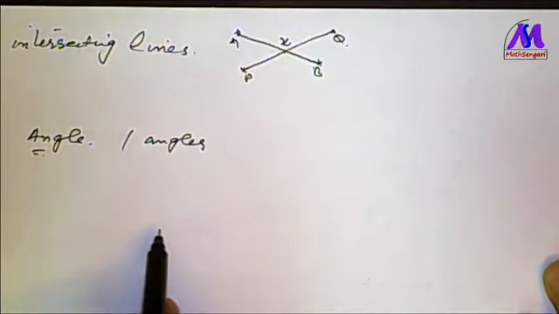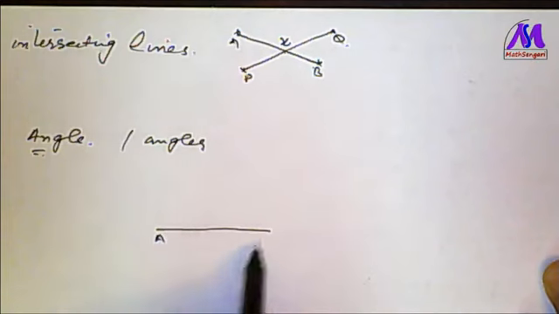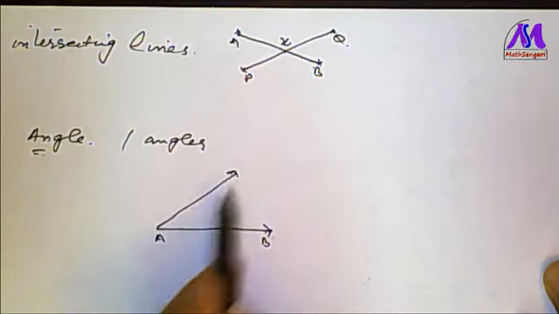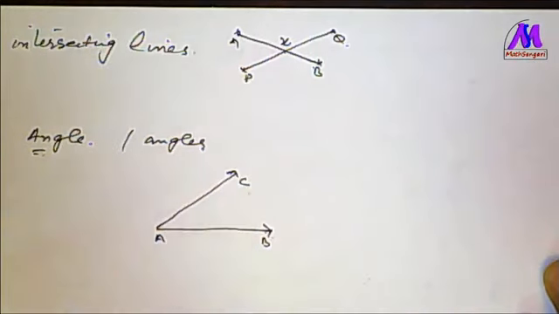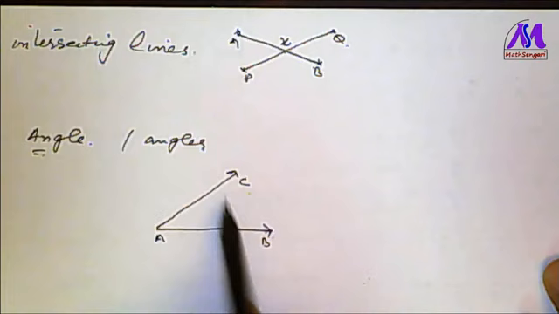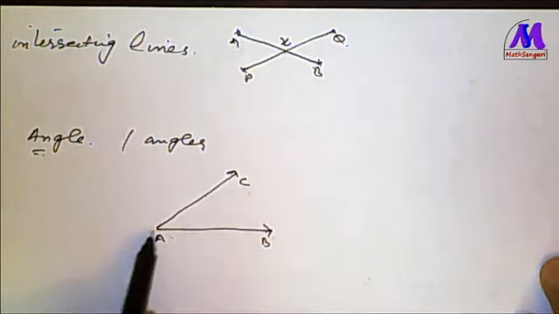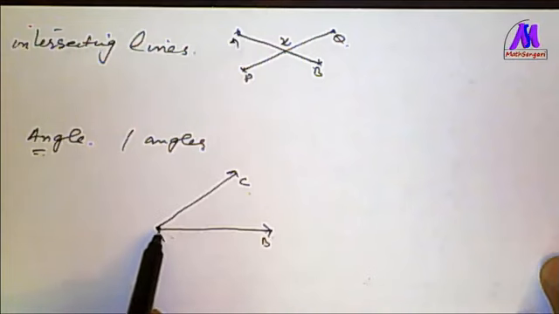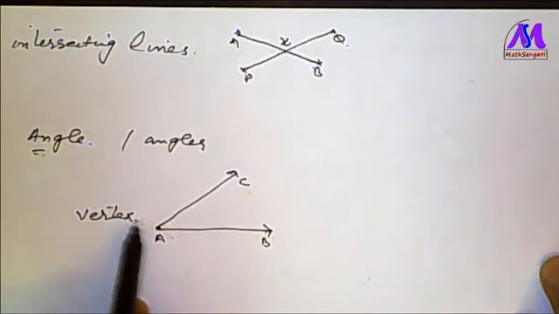Well, I'm drawing here a ray starting from point A to point B, and also another ray called C. Then two rays, ray AC and AB, share a single point here. Then this point is called the vertex.